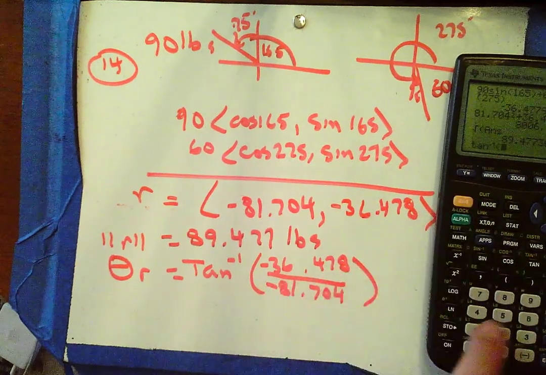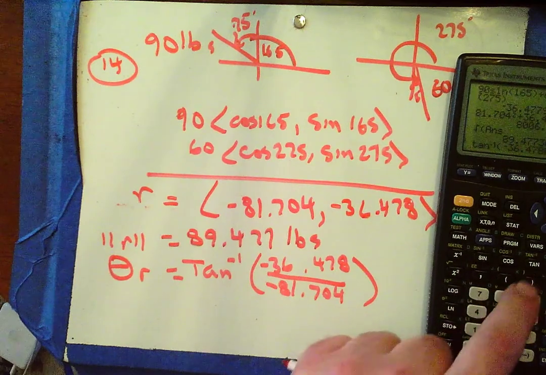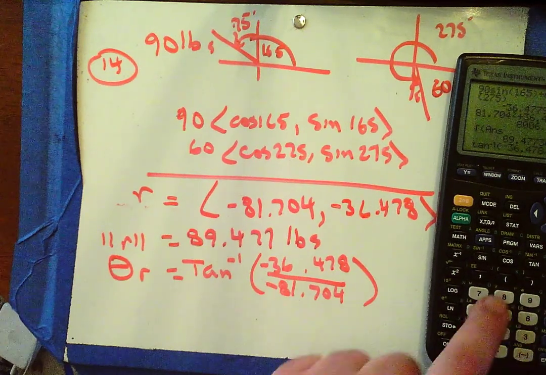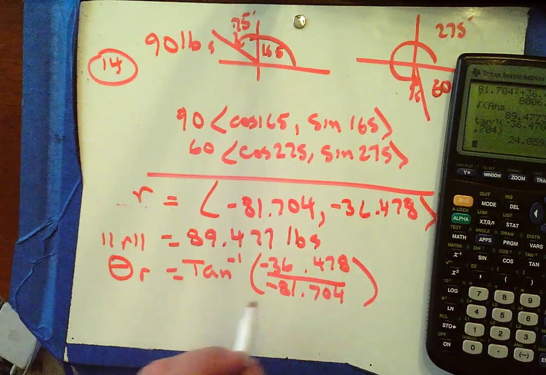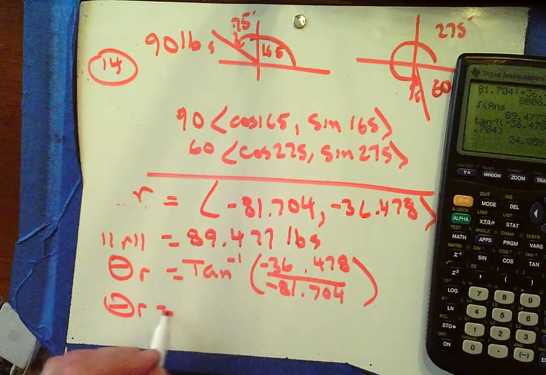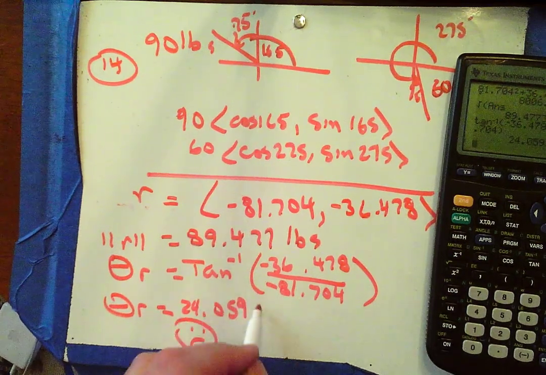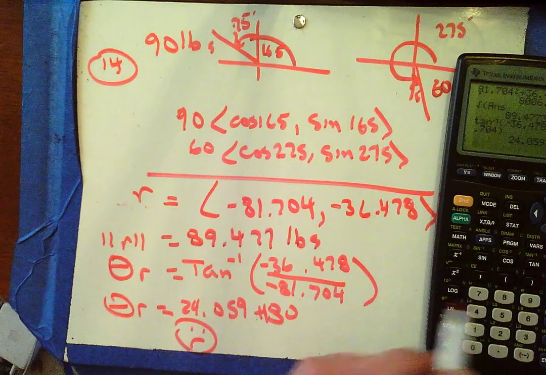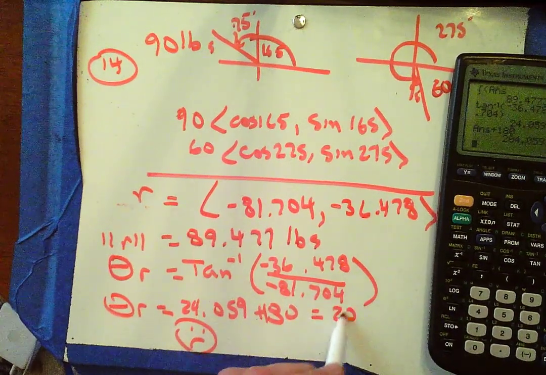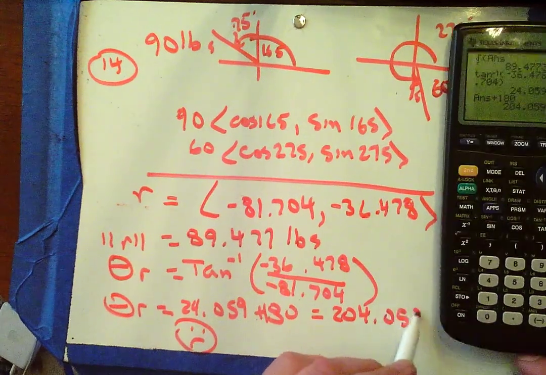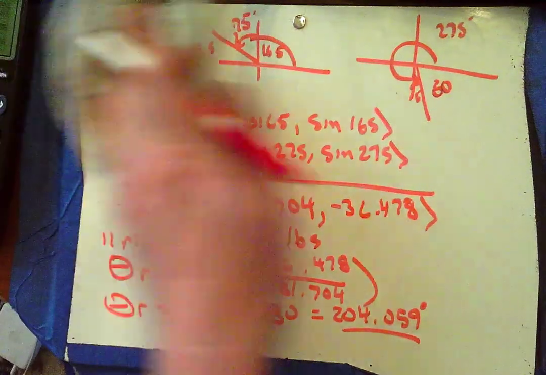So inverse tangent of negative 36.478 divided by negative 81.704, and I end up with theta r is supposed to be 24.059 degrees. No, it's not. You better add 180 to that. Plus 180, and we get 204.059 degrees for number 14. Okay, let's take a look at 15.